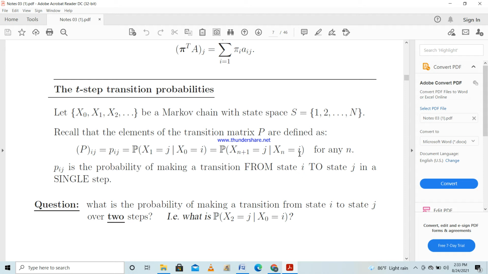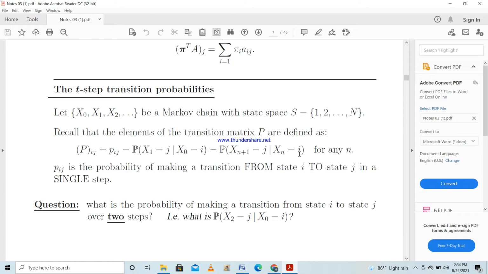So Pij is the probability of making a transition from state i to state j in a single step. It doesn't matter which time, in a single step, given that you are in state i, the probability of reaching state j is given by Pij.